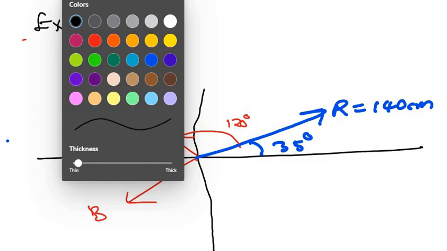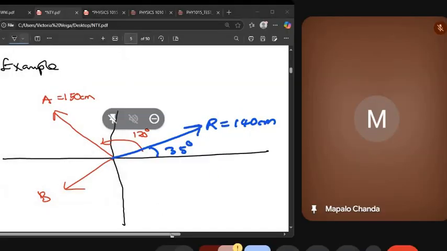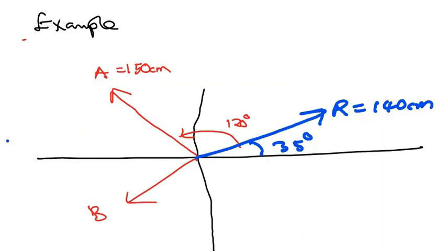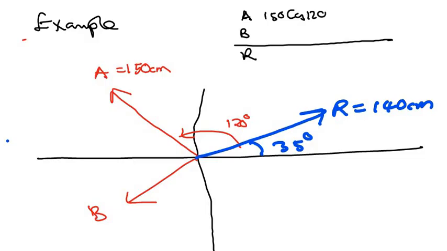Here we'll create a table as well. The table we're going to create will be for A, for B, and for R as well. For A, we're just saying 150 cos 120, then 150 sine 120. Then for B, we don't know, right?